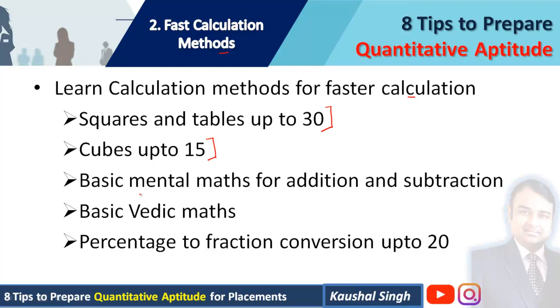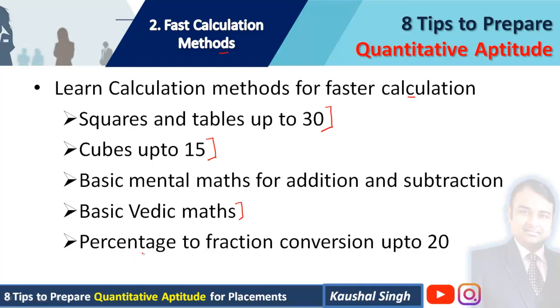And along with that, you should be doing basic mental maths for addition and subtraction. So if you are given some addition and subtraction in the question, then you should be able to do it mentally without using pen and paper. So that is required. Basic Vedic maths is also required for faster calculation.